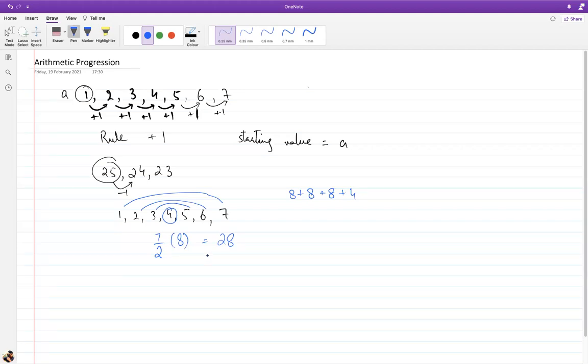And this is pretty simple. For example, if I ask you to add numbers from 1 to 10, then you know that you will have 5 pairs of 11. How are we doing this? So what is 8? 8 is basically the first term plus the last term.